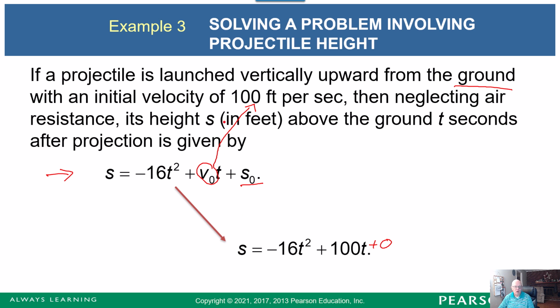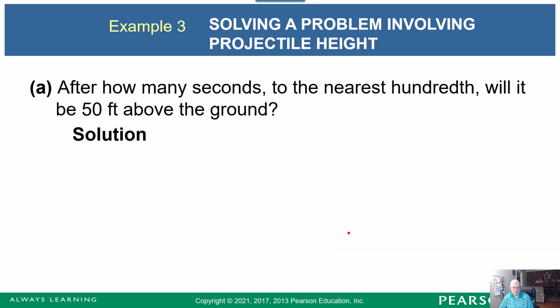And we want to know something about the distance at any particular time. So when will it be 50 feet above the ground? Well, that means S, the final location. We could also put this as S sub F, because it'd be the final distance above the ground.